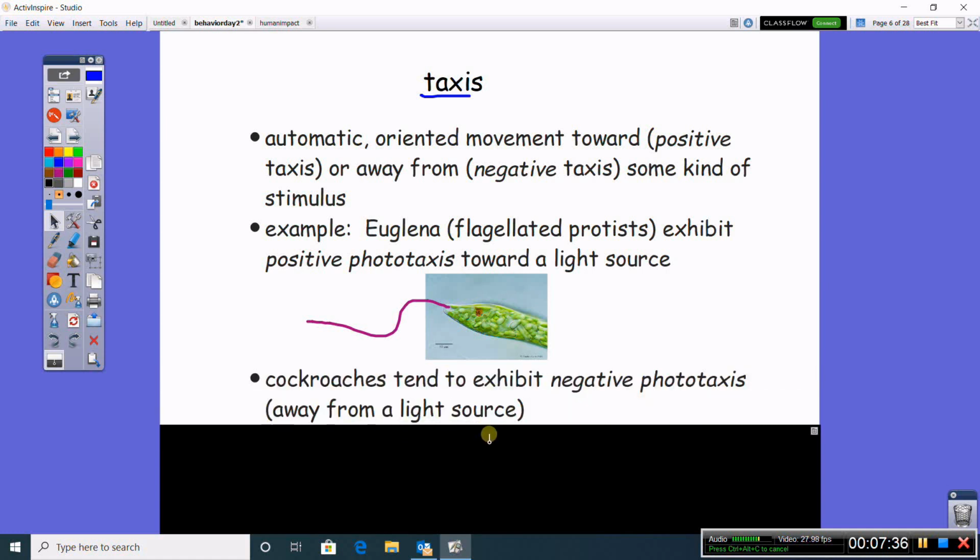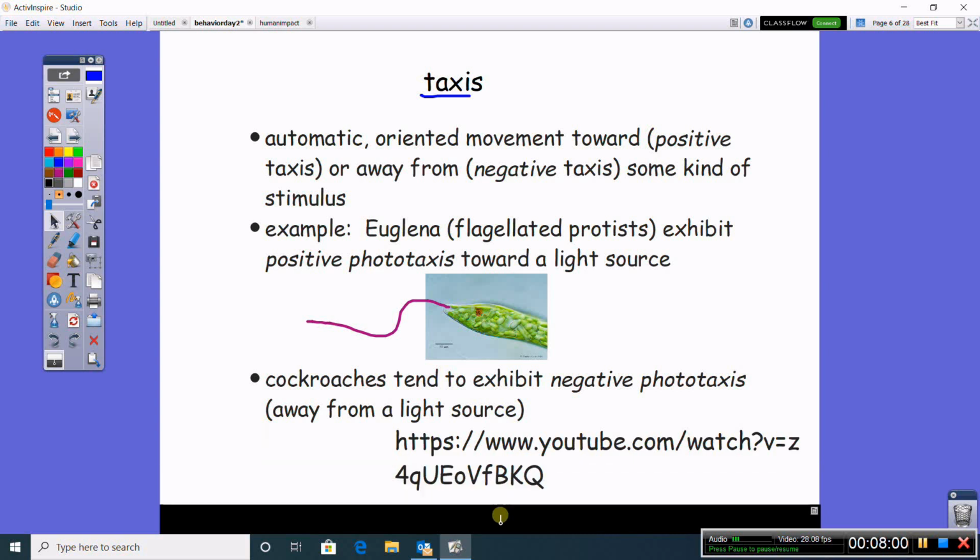Okay, whereas cockroaches tend to move away from a light source. And I'll show you a little video clip for that if I can get that to work. All right, so let me see if this video will come up.